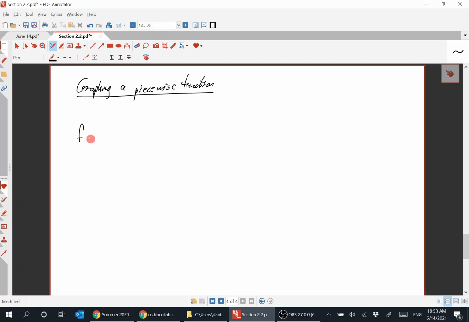So we'll say f of x is equal to, and I'll define a piecewise function here, 1/2 x plus 1 if x is less than negative 4. 2x plus 3 if negative 4 is less than or equal to x is less than 1. And we'll say minus x if x is bigger than or equal to 1.